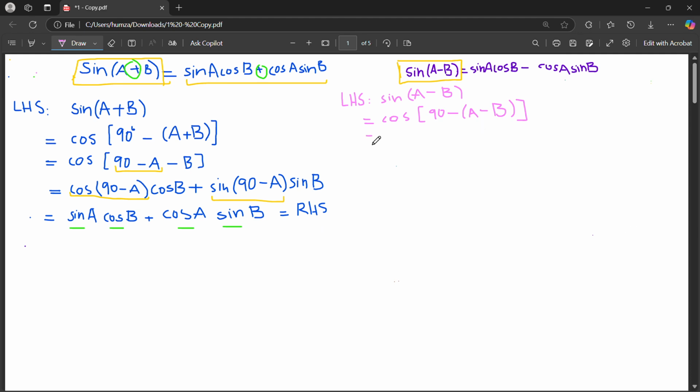And then we are going to multiply this negative in the bracket, so this will give us cos, and this is where we expand by multiplying this negative.